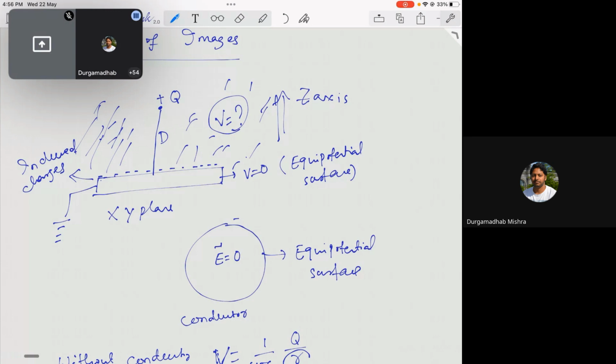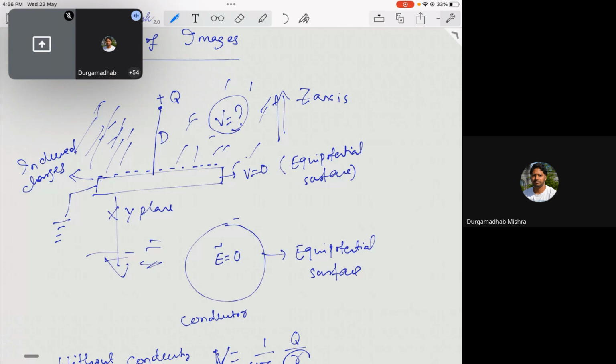If we want to find V in these other regions, then the method of images does not work. The method of images is a special technique, applicable only for certain cases. Very few cases, but it has its own advantages.